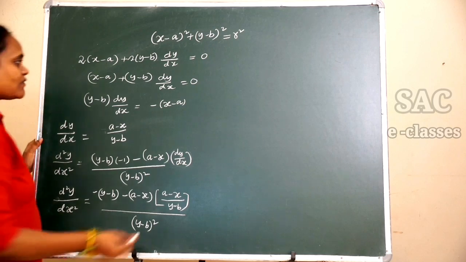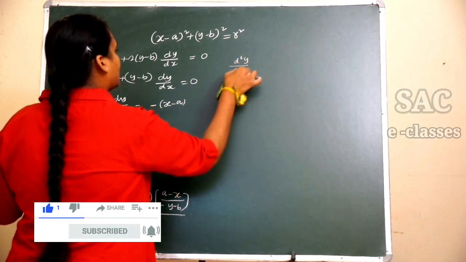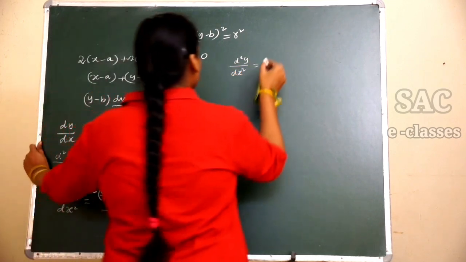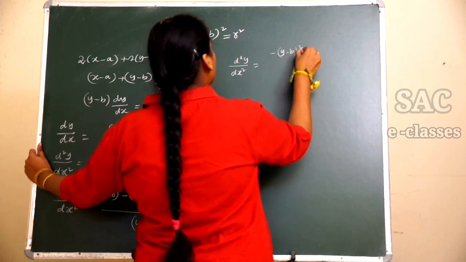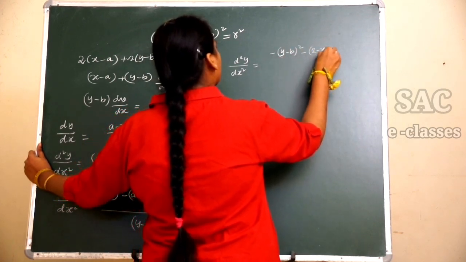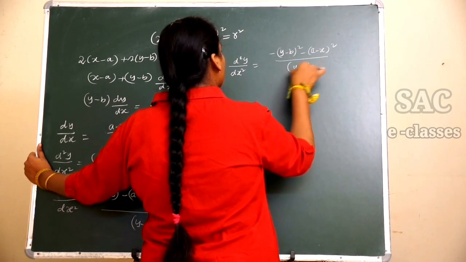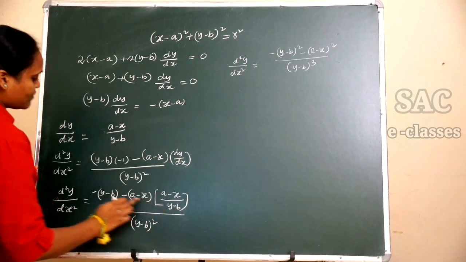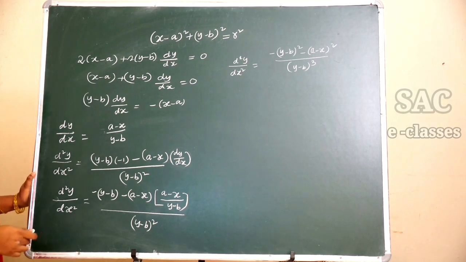Let's simplify this one. You can write it as d square y by dx square is equal to minus y minus b whole square minus a minus x whole square by y minus b whole cube. See here, y minus b whole square minus a minus x whole square by y minus b whole square.